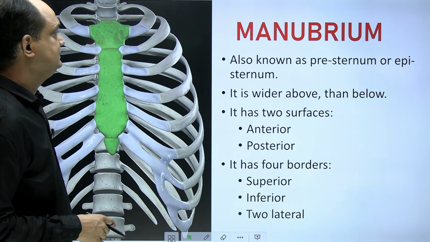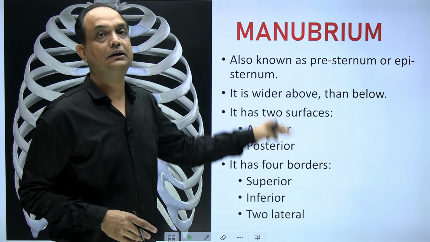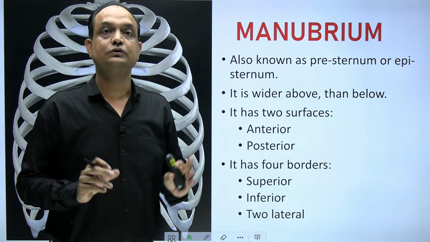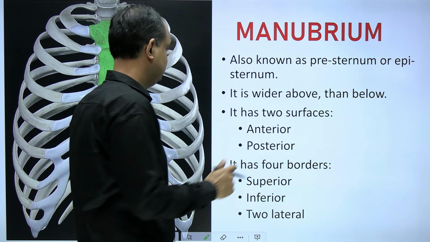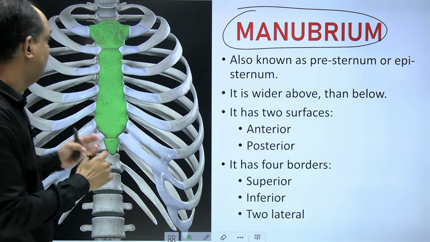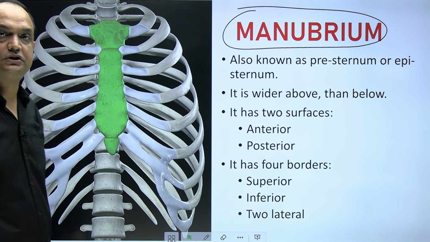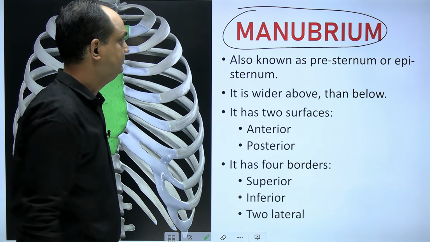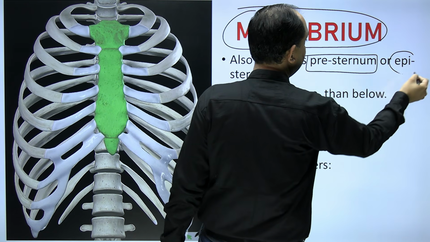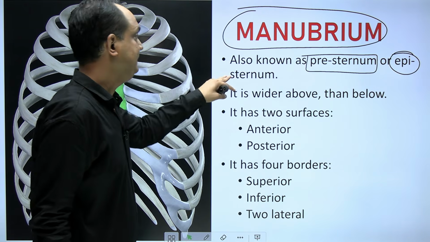Now we will see the manubrium, body and xiphoid process separately. First we talk about the manubrium. The manubrium is the broad upper part of the sternum, and it is also known as the presternum, or because it is the upper part, it is known as the episternum.